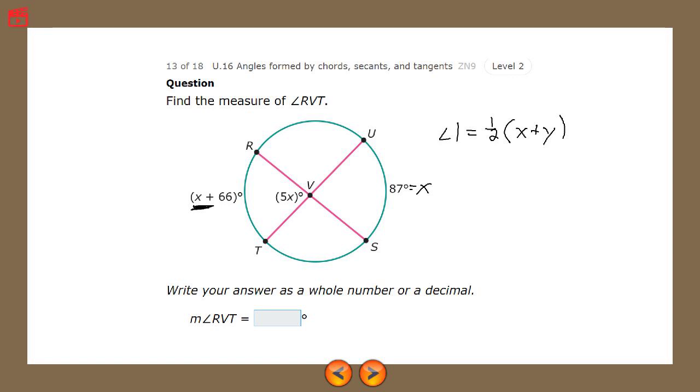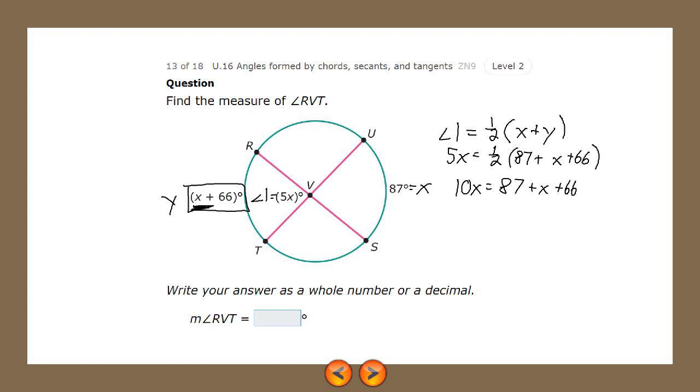We'll call this particular thing here y, call this thing angle 1, and we'll just make our substitutions. 5x equals half of 87 plus x plus 66. We'll get rid of the 1/2 by doubling the other side. We'll get 10x equals 87 plus x plus 66. We'll combine some like terms. We'll get x plus 153.